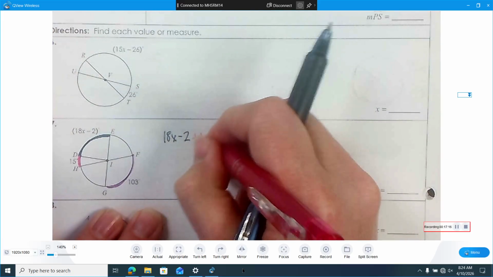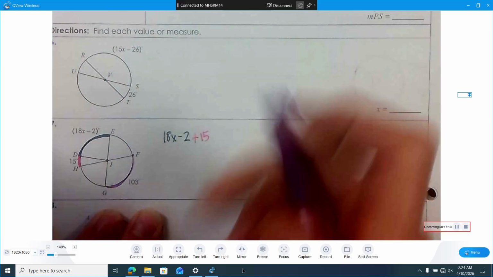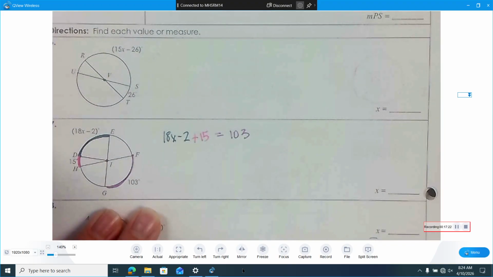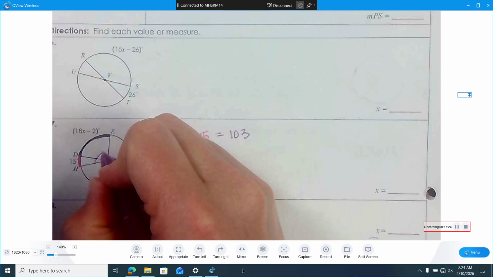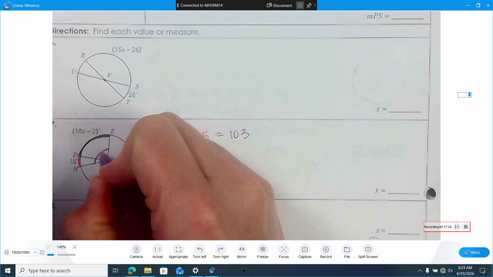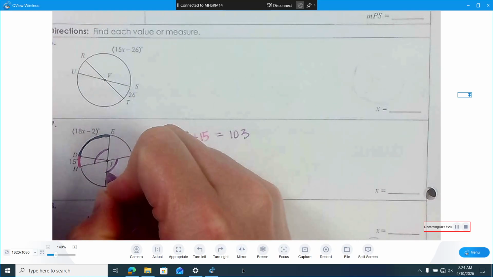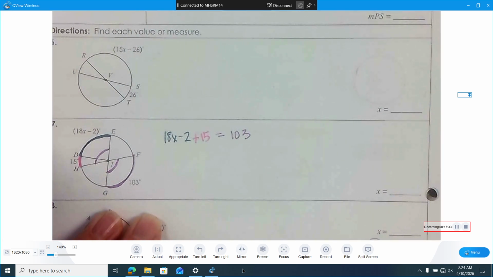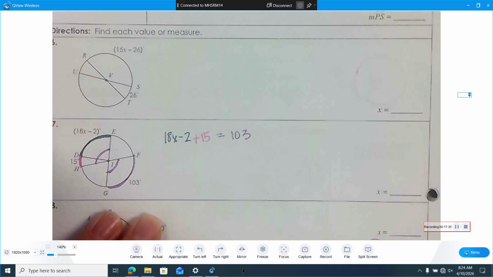Set them equal. How? Okay, so plus the 15 equals 103. Why? Yeah, so the central angles, their corresponding central angles, happen to be vertical. So yes, we have vertical angles in there, so their corresponding arcs would be congruent as well.